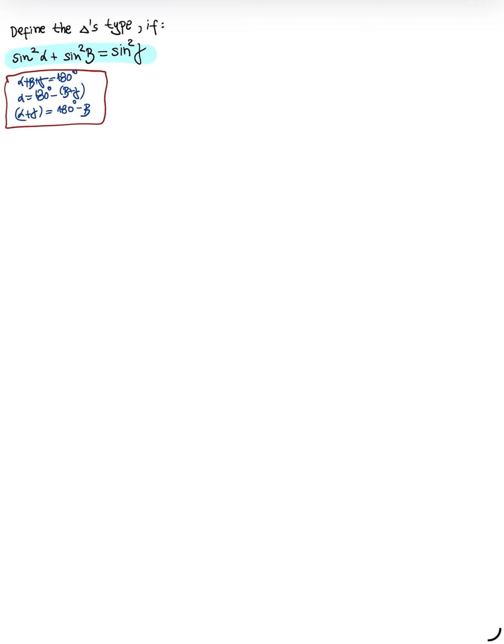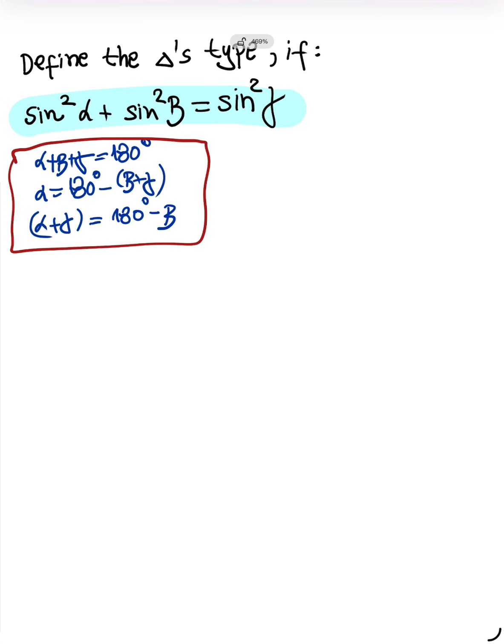We need to define the triangle's type if we have the identity true for the triangle: sinus square alpha plus sinus square beta is equal to sinus square gamma. Given that this identity is true, find and define the type of the triangle.